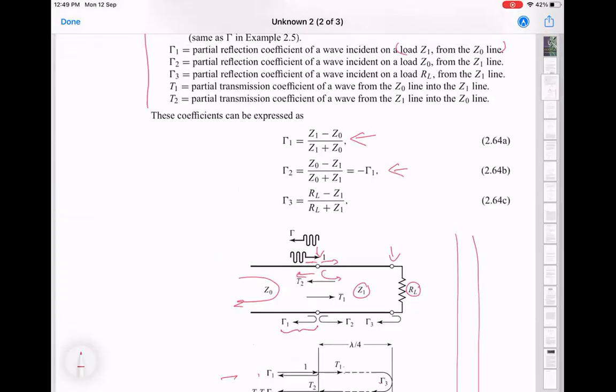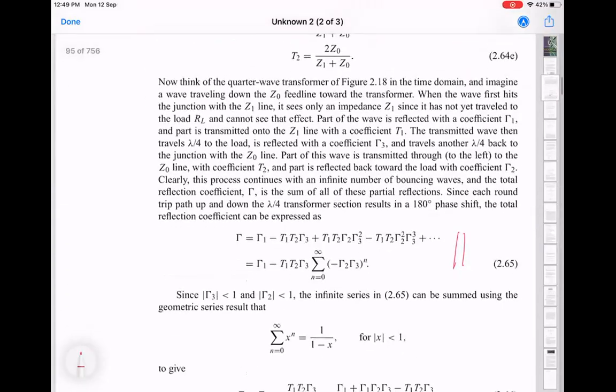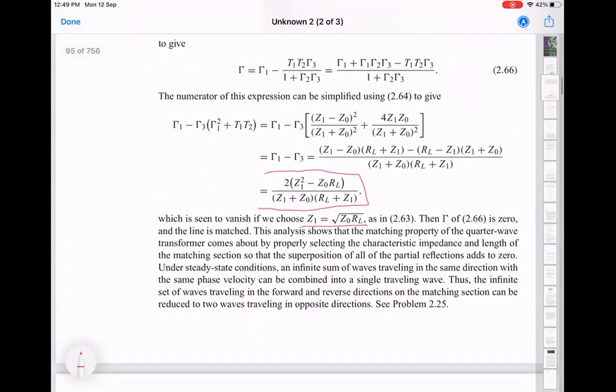So it's all the values of gamma 1, gamma 2, gamma 3, T1, and T2. You plug that in, and you get this form, which is basically what you would get if you had calculated gamma from the impedance situation, and you want to equate this to 0, so that's the matching condition, and that gives you this same formula.